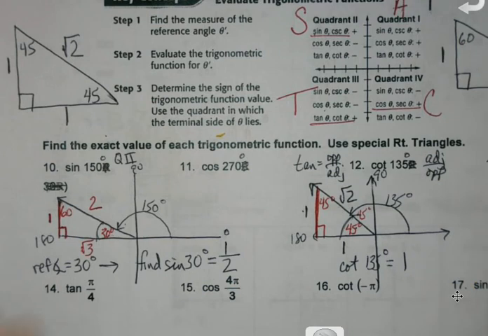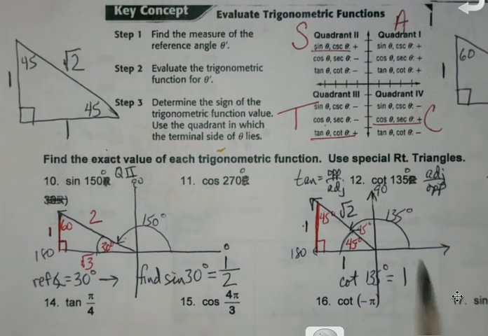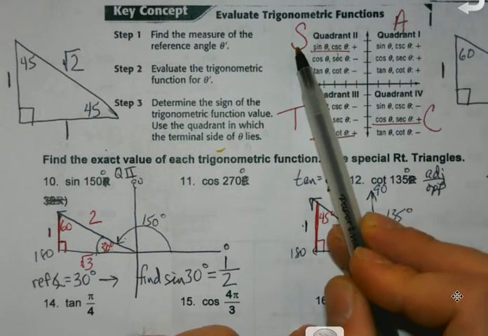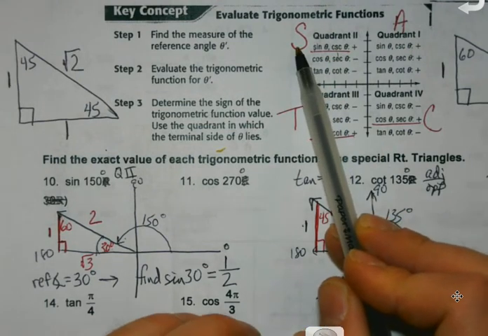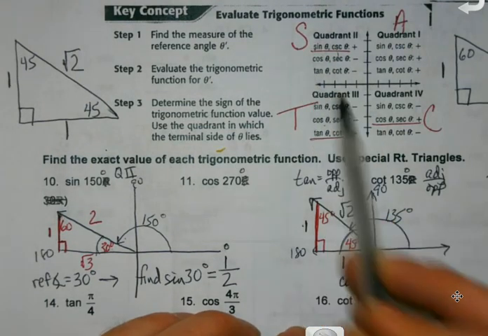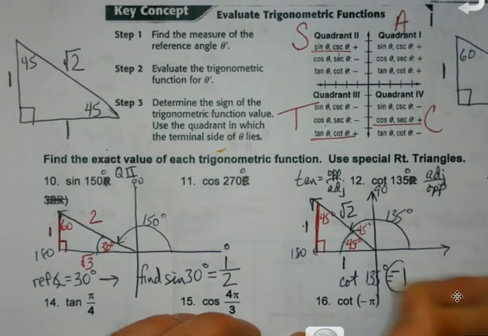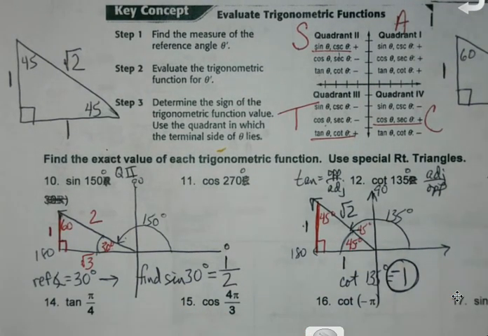Oh, wait a minute. Come back up to your chart for a minute. What's positive in the second quadrant? Sine is, or its inverse. Tangent and cotangent are negative here. That's the one thing I have to watch for when I'm doing these.